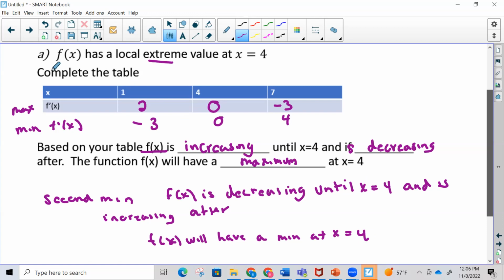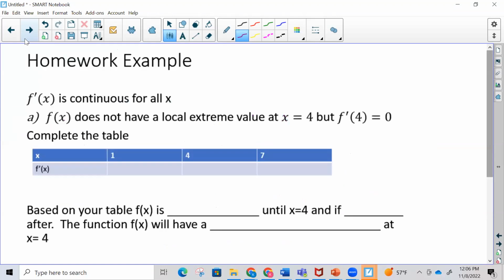And then the other case is it looks very similar. It says f prime of x is continuous for all x. F of x does not have a local extreme value at x equals 4, but f prime of 4 equals 0. So again, we know that the derivative at 4 equals 0. So if it does not have a local extreme, it's like that plateau point we talked about, where the graph kind of levels off and keeps going.